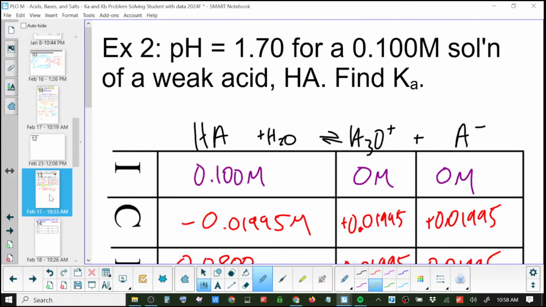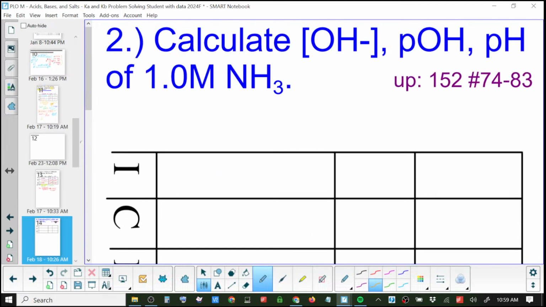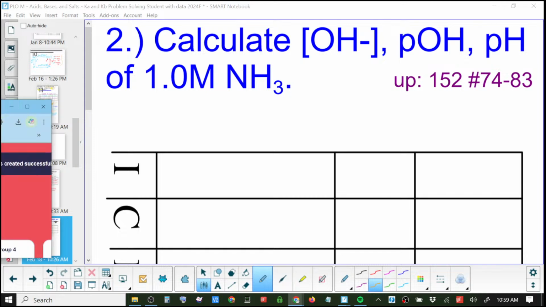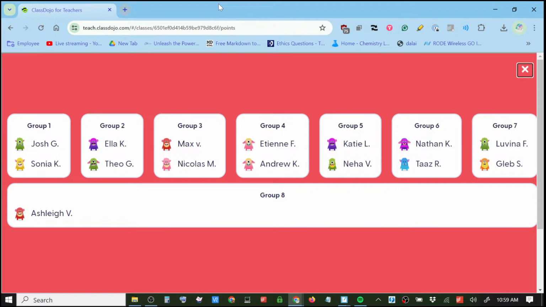Let's do that one. Groups of 2. Find your partners.